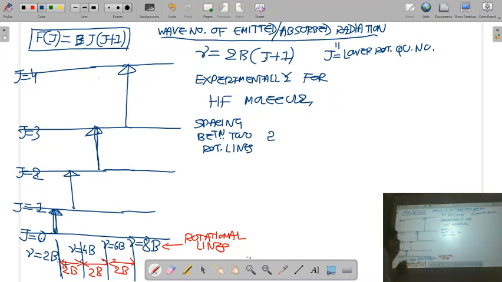The spacing between two rotational lines is 2b. So in case of the HF molecule, the spacing between two rotational lines of the HF molecule is found to be 40.5 centimeter inverse.